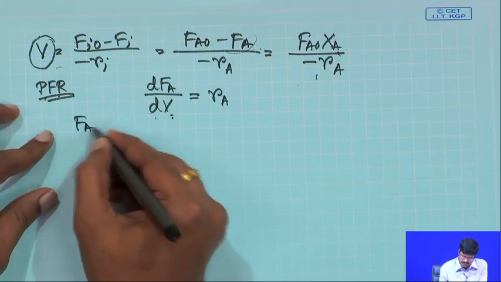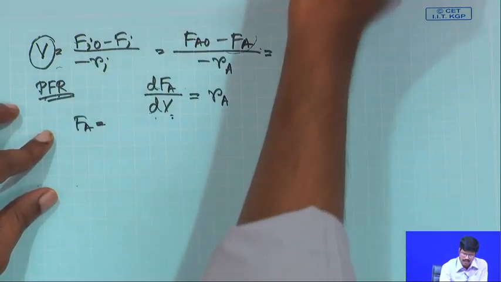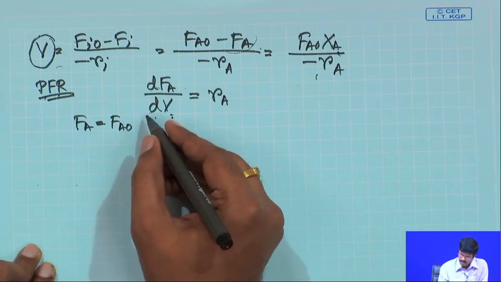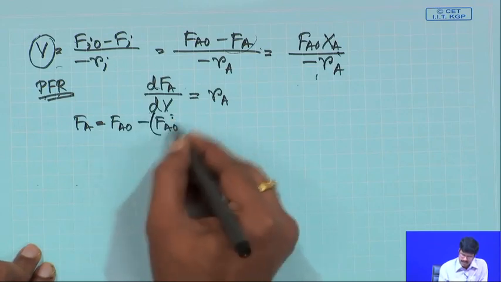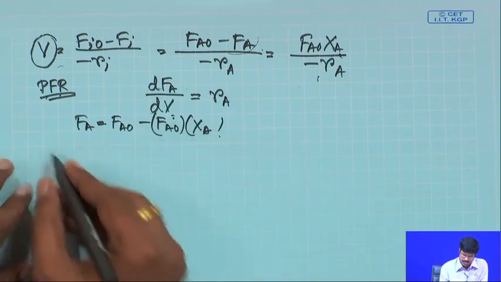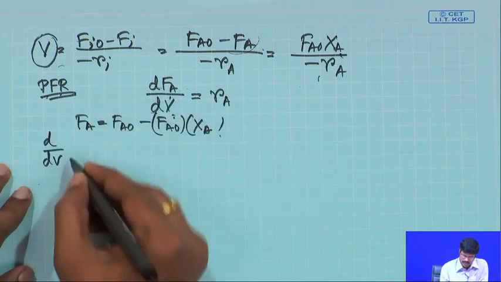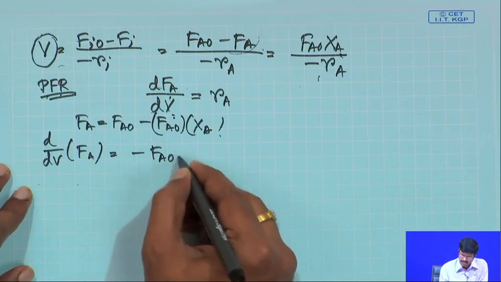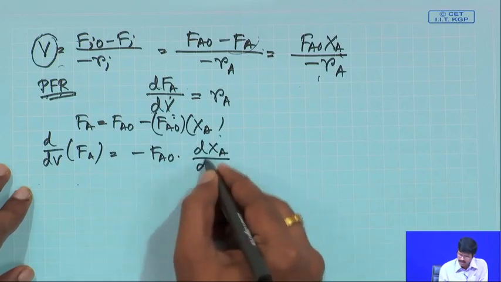And FA, again for all flow reactors in general, we have already shown, is nothing but FA0 minus FA0 into xA. So, here d/dV of FA will give you minus FA0 into dxA/dV.